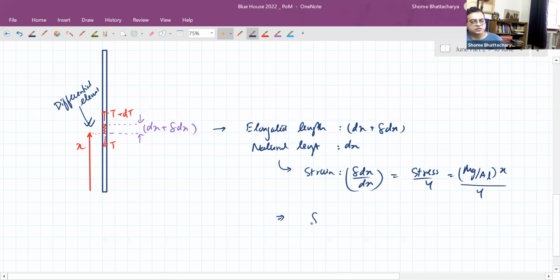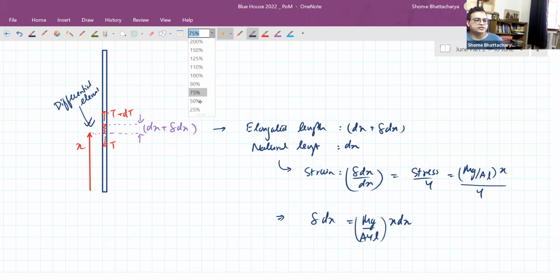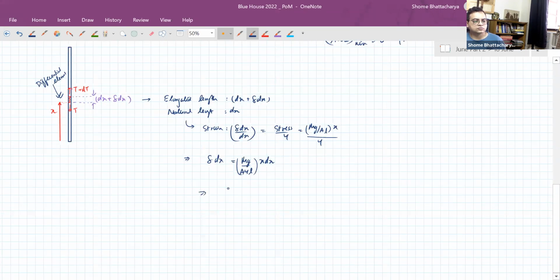So we can see that the elongation in that element is this much. So we integrate this whole thing now. From x equal to 0 to x equal to L, we'll get the total elongation.